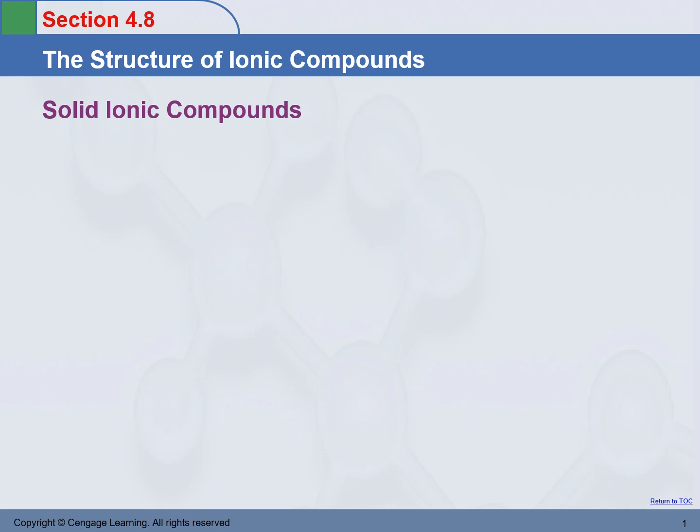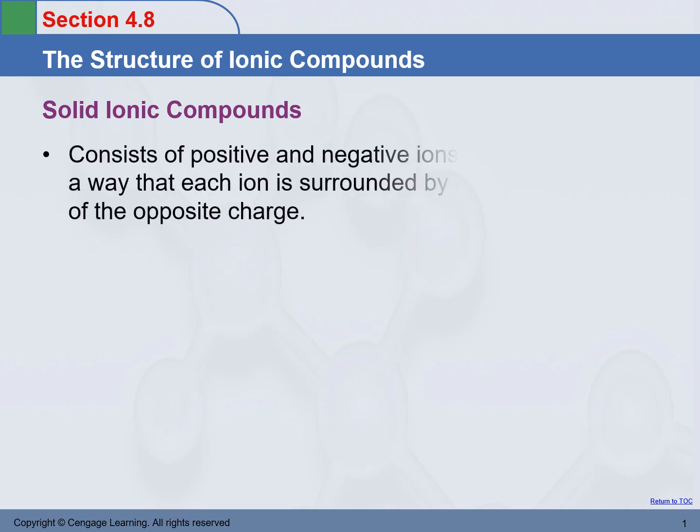Here we talk about the structure of ionic compounds, and here is the general description for solid ionic compounds. It consists of positive and negative ions. These ions are arranged in such a way that each ion is surrounded by nearest neighbors of the opposite charge.